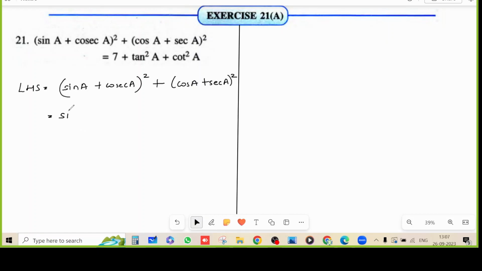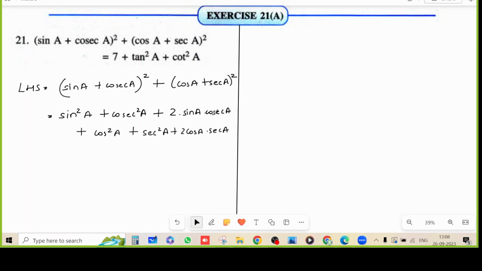So this will become sin square A plus cosec square A plus 2 into sin A into cosec A, and similarly we will expand the second bracket. So this will become cos square A plus sec square A plus 2 cos A into sec A.